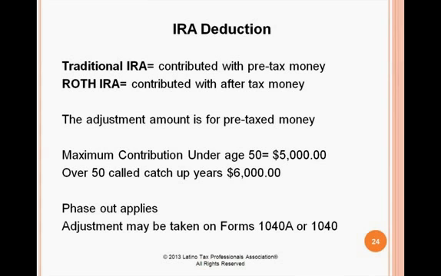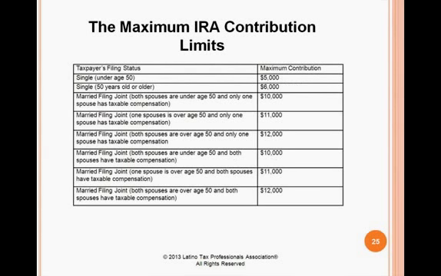Adjustments may be taken on Forms 1040A or 1040. Here are the maximum IRA contribution limits. If you go over these limits, then you will pay a penalty of up to 6% of the overage until you remove it, and that's annual. So it's very important to stay within the limits of IRA contributions.